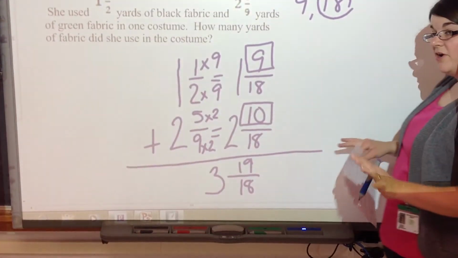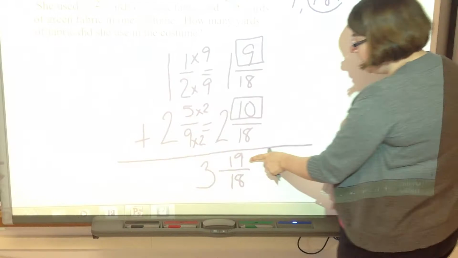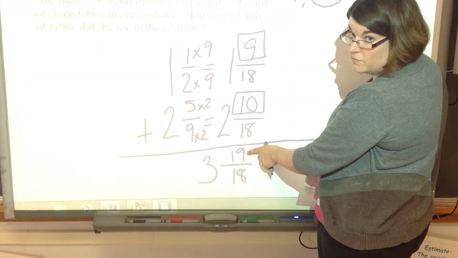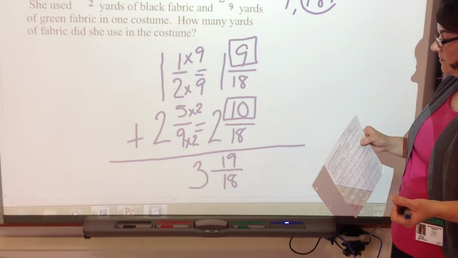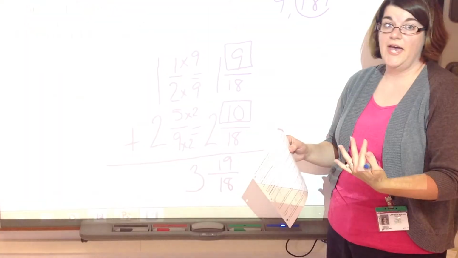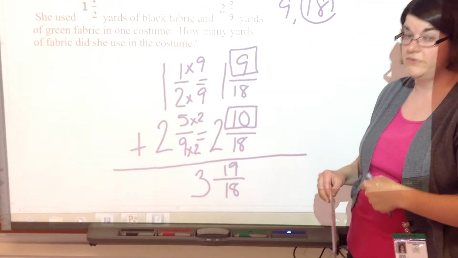Now, we can't leave our answer like this because this is an improper fraction. That's where the top number, the numerator, is bigger than the denominator. And the kind of analogy I like to use is if you had 19 cheerleaders, you can't hold up 19 cheerleaders with 18 cheerleaders. That's too many. So we have to switch this around.